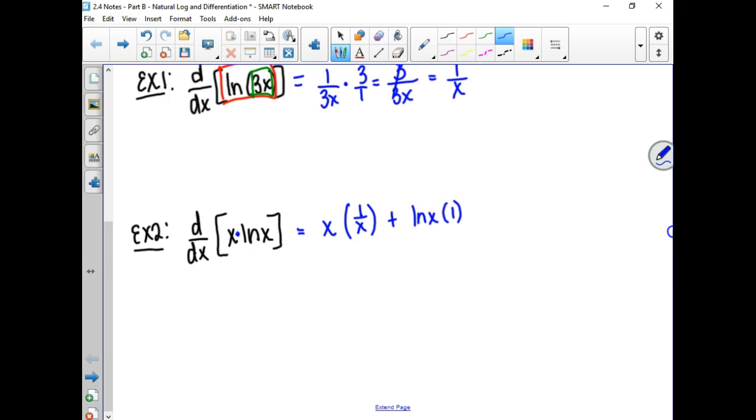Okay? So this x is over 1, so this is x over x, those x's cancel, we just get 1 here. So 1 plus natural log of x is our derivative here.